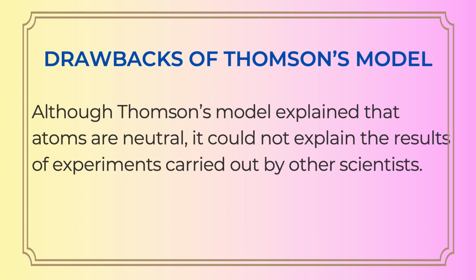But students, it is important to note that Thomson's model, while significant in its contributions, also had certain limitations. One key limitation was its inability to explain the results of experiments conducted by the other scientists that emerged later in the field of atomic research.